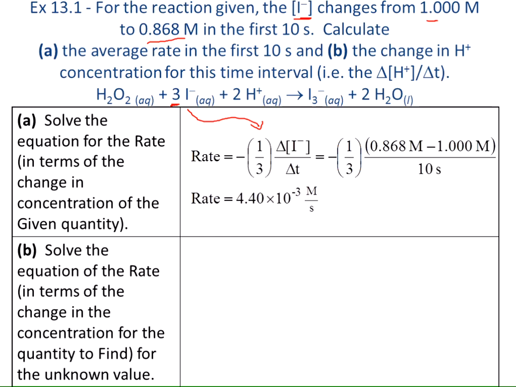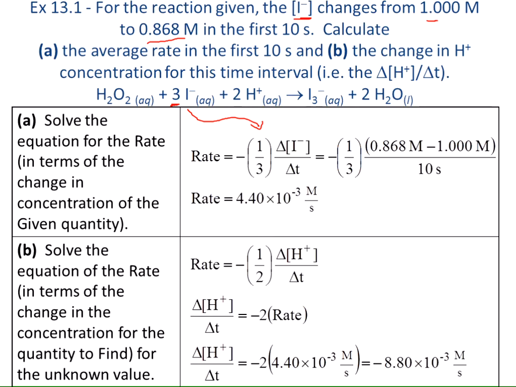Now they want us to calculate the change in the proton concentration for this time interval. So they're looking for the delta H+ over delta t. So if we set up our rate equation, rate equals, because we're looking for the H+ concentration, the H+ is a reactant, so we need the negative out in front.